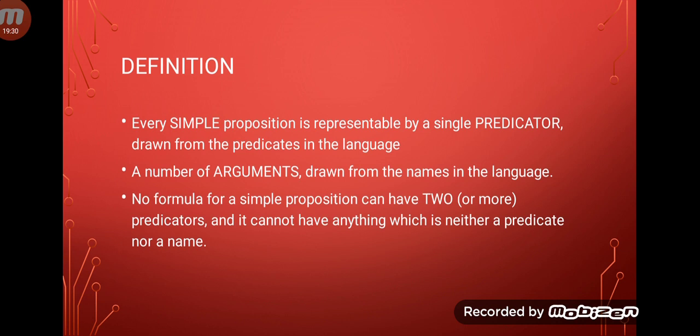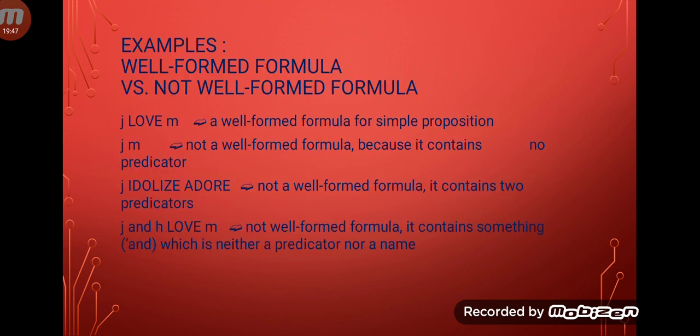No formula for a simple proposition can have two or more predicators, and it cannot have anything which is neither a predicate nor a name. Examples: well-formed formula versus not well-formed formula.